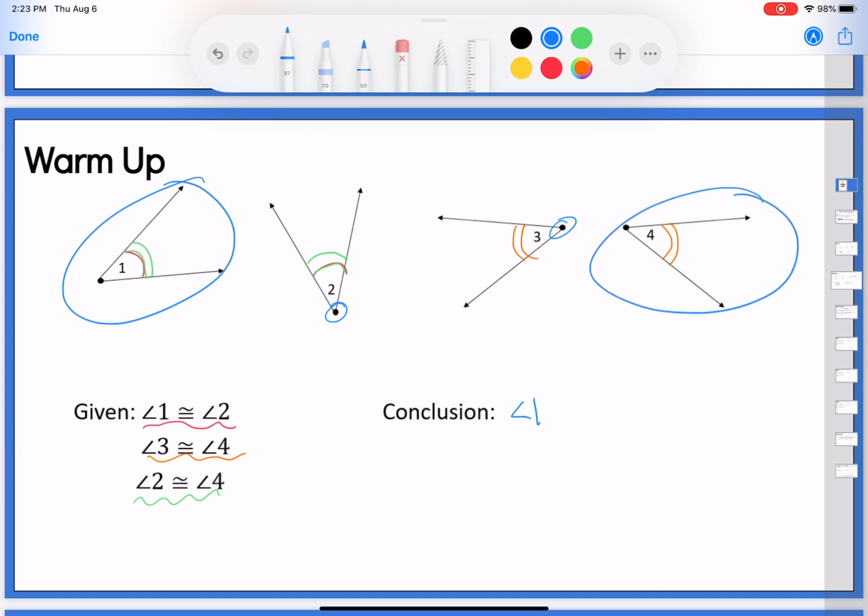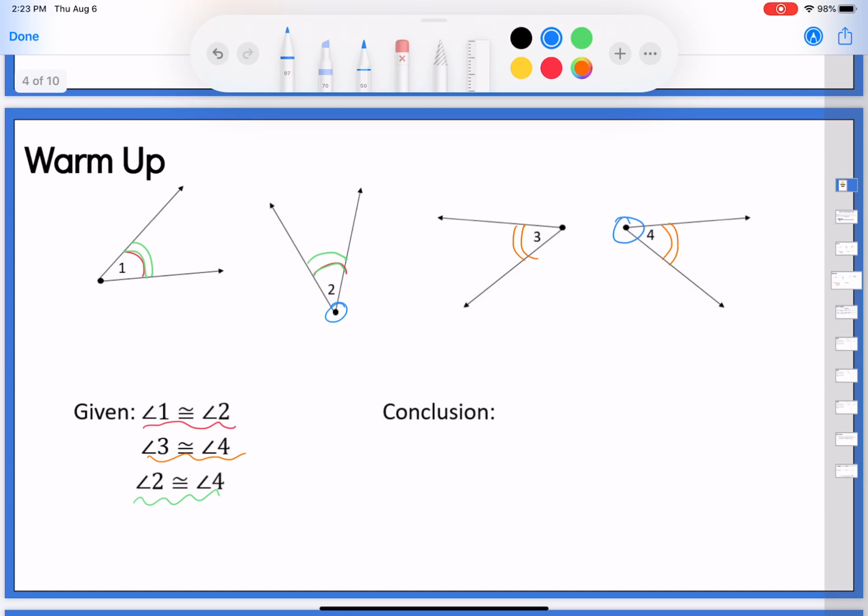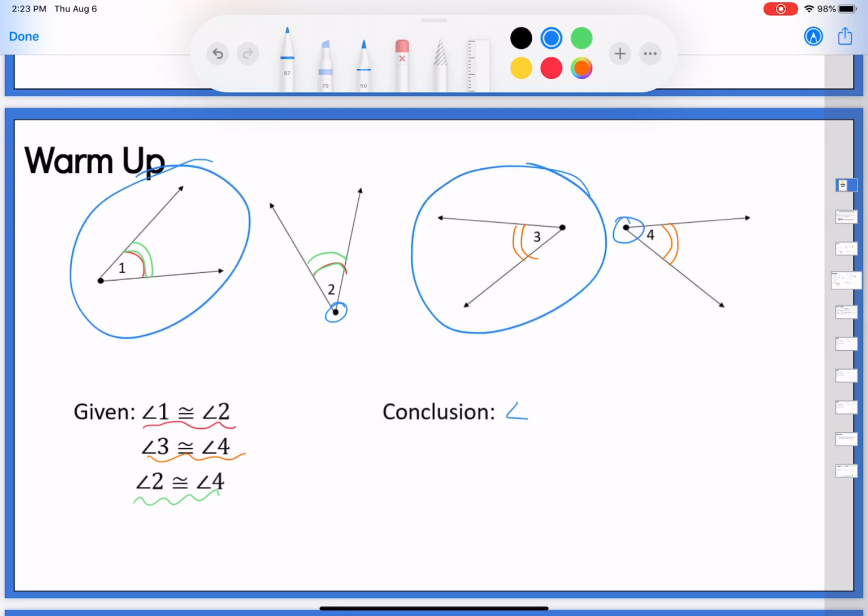Oh, excuse me, I circled the wrong ones. I was given that 2 is congruent to 4. I apologize. So I also know that angle 1 is congruent to angle 3. The rest of them were all given to each other, right?